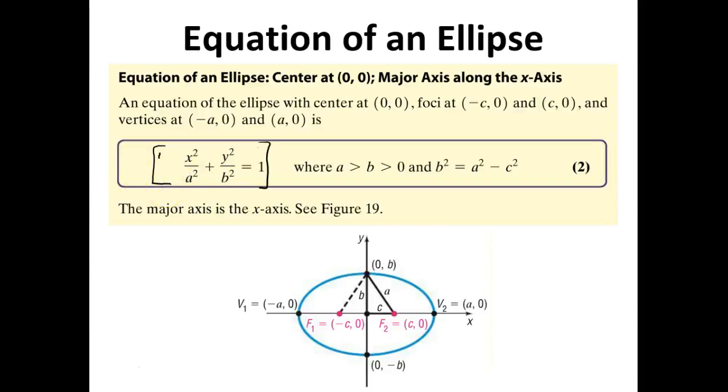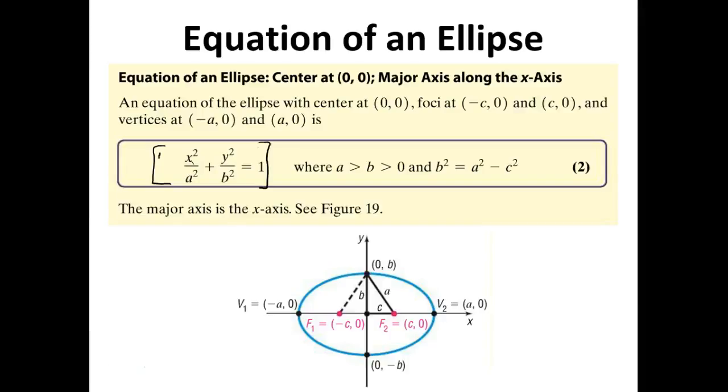So an equation of an ellipse with center at 0, 0 and foci at negative c, 0 and c, 0, those two foci are going to be symmetrical to each other, and vertices at negative a, 0 and a, 0, so if we have a vertex here and fold it over, we have another vertex here, is x squared over a squared plus y squared over b squared, where a is greater than b, which is greater than 0.